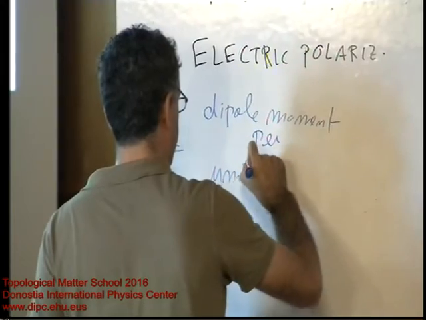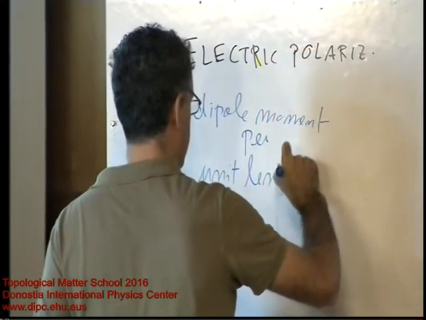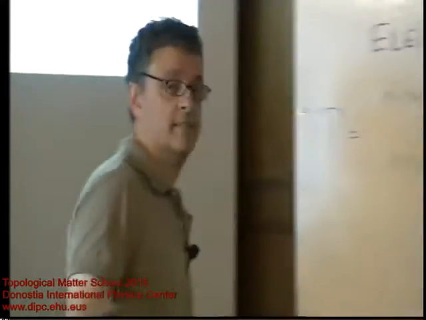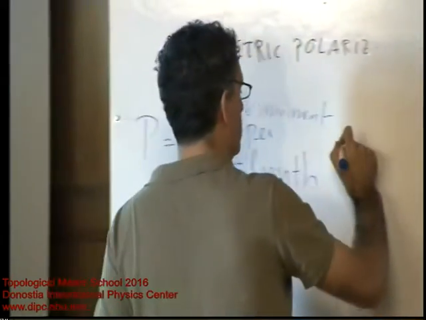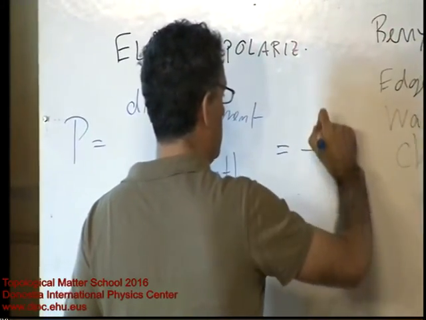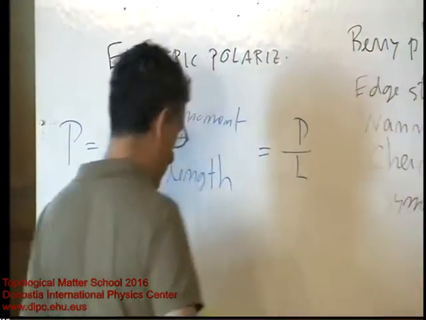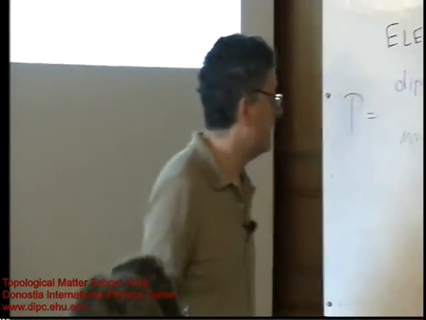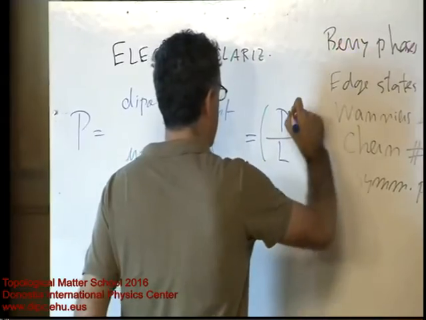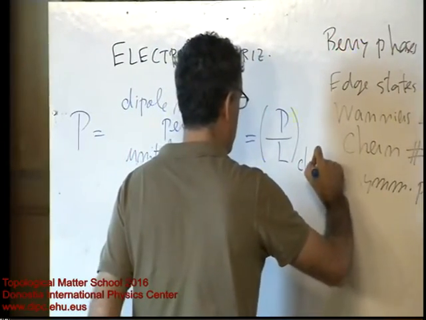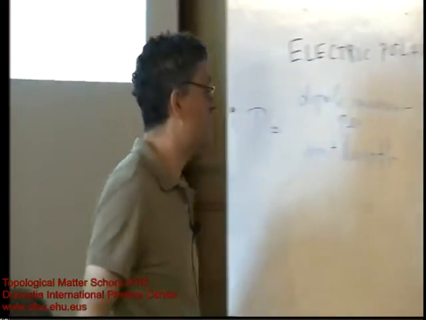That's the definition. And I'm talking about a 1D system, which I will call a chain. So this is the polarization of our chain.